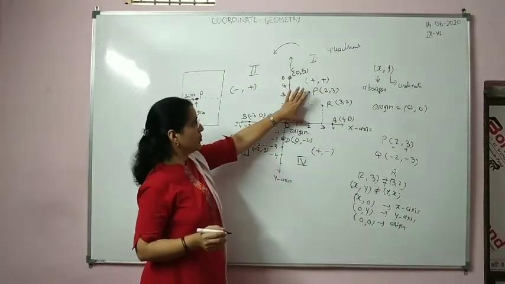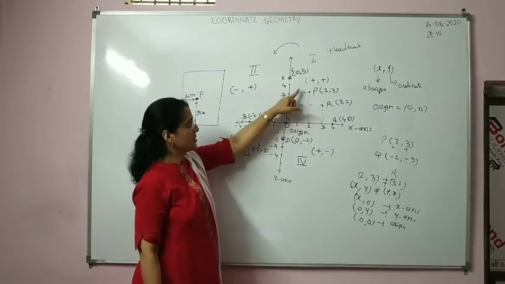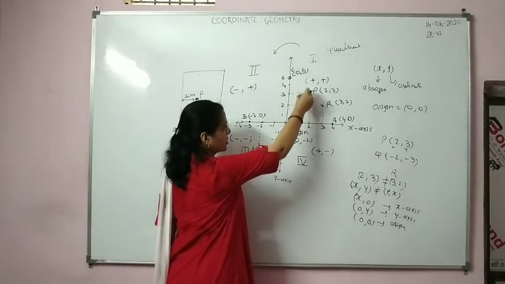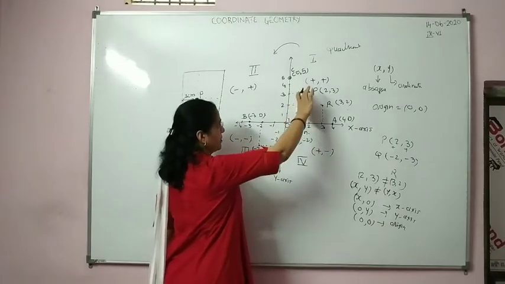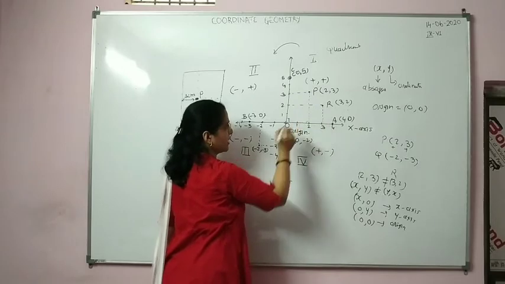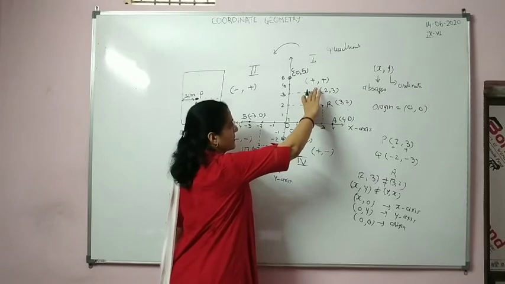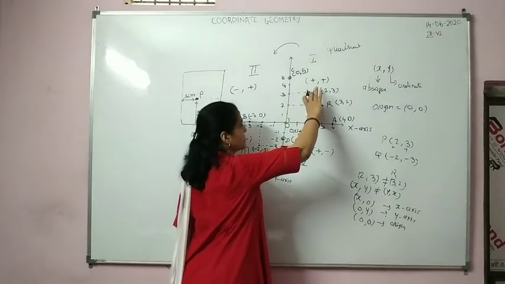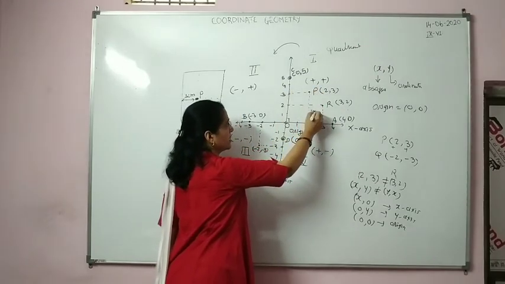Now see here, this is point P whose coordinate is 2, 3. My question is, what is the distance of this point P from the x-axis? For that, we will draw a perpendicular from point P on the x-axis. This segment is perpendicular to the x-axis, and if you measure this distance, it is 3 units.